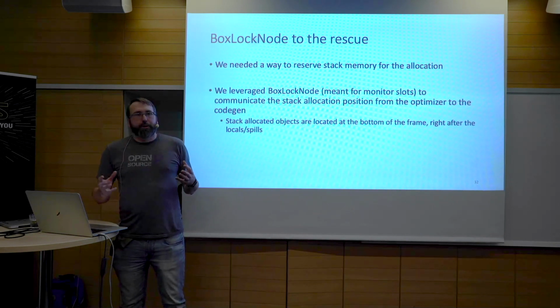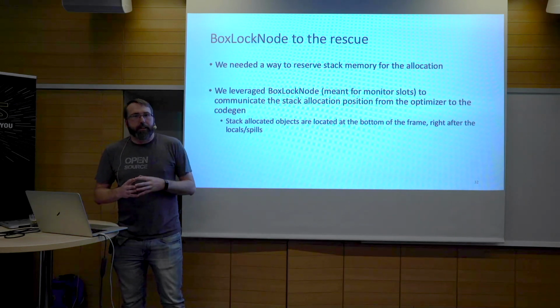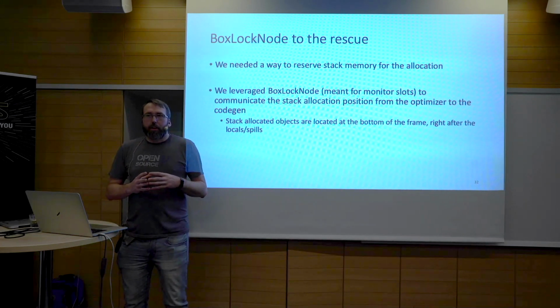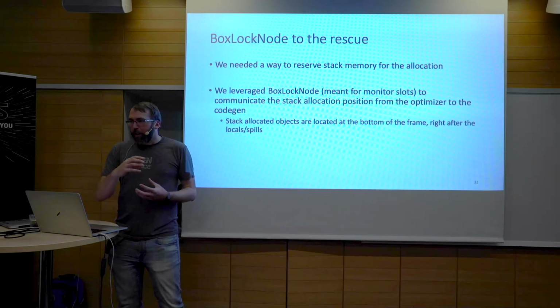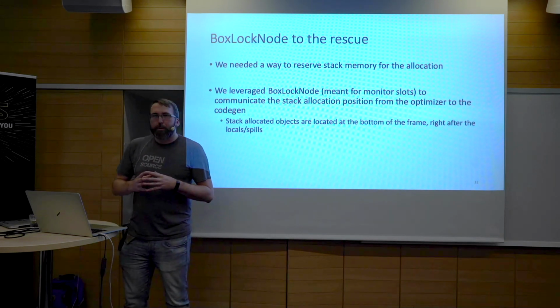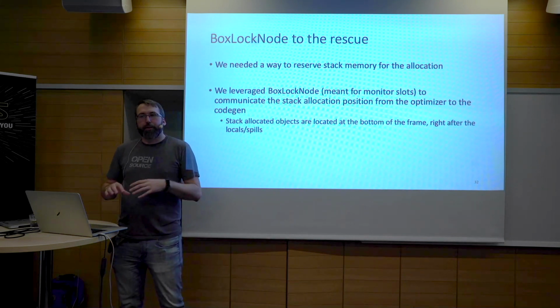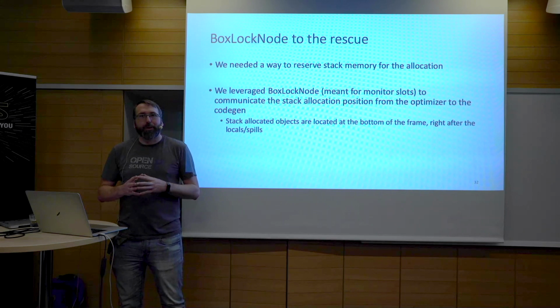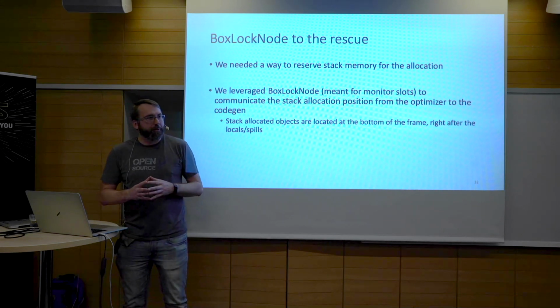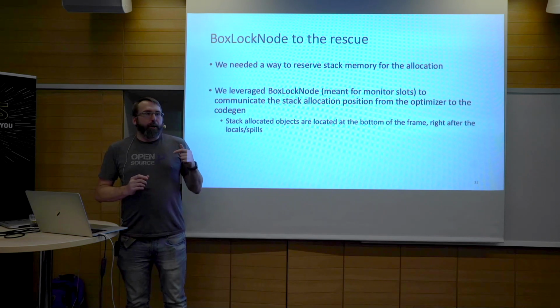But how did we reserve this memory on the stack? We tried a few different things in the beginning, and there's a lot of very complicated code that relies on knowing everything in there. So the easiest path for us to do the prototype, and again, this is prototype code, we were going to work with a bunch of the C2 guys to try and make it real, was the idea of a box lock.